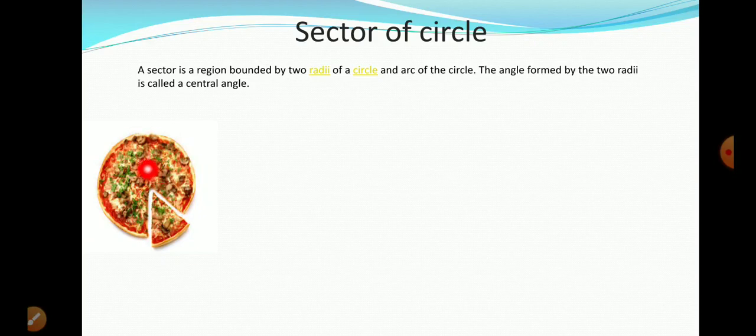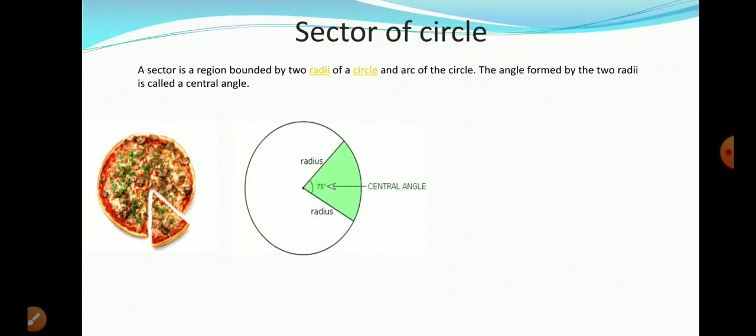Here we have divided this pizza in two parts, that is one smaller part and one larger part. The smaller part is represented as minor sector, and the larger one is represented as the major sector.